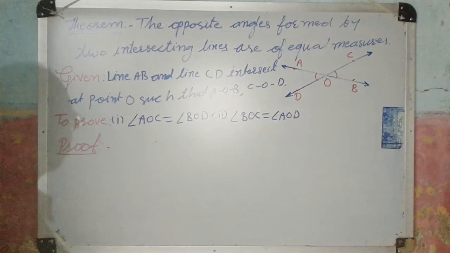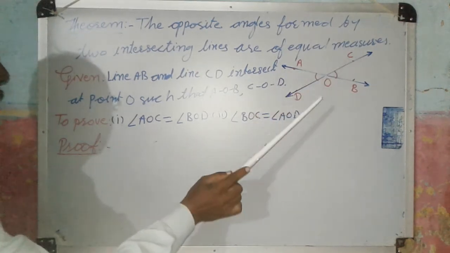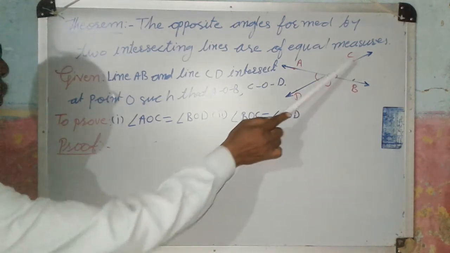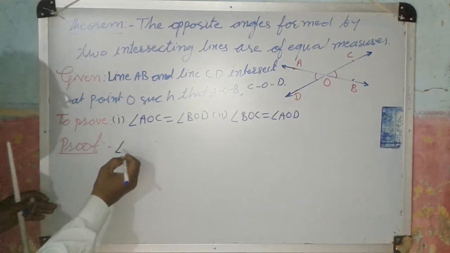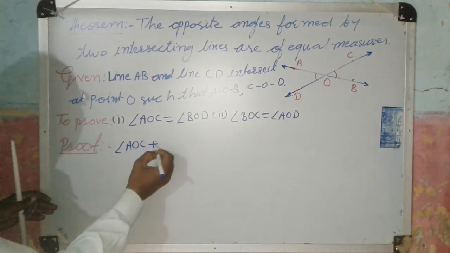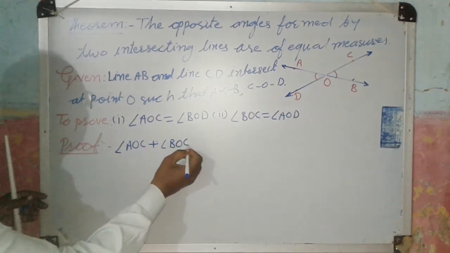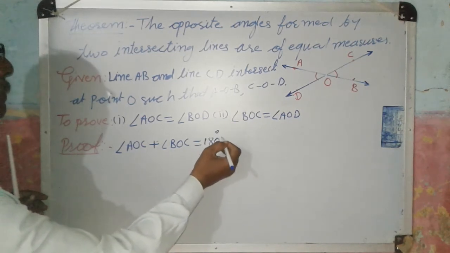Now consider these two angles, angle AOC and angle BOC. These two angles are in linear pair. So their sum is 180 degrees. Angle AOC plus angle BOC is equal to 180 degrees.